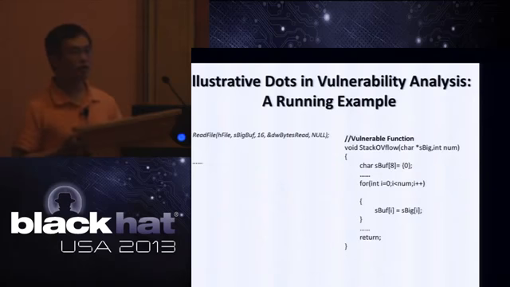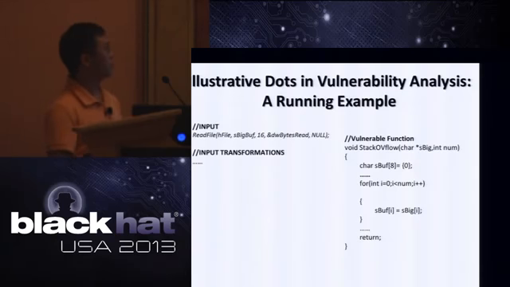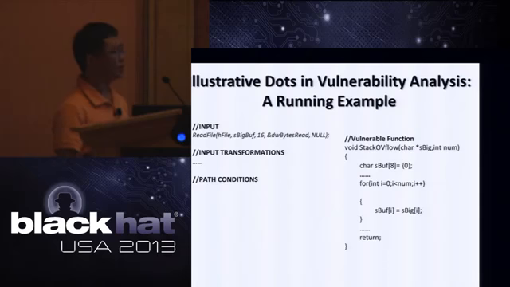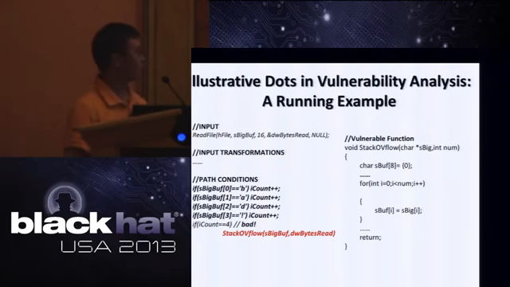Let me introduce a running example, a very simple example, just to help you understand the concept of our approaches. This example starts with input from a file, and you might go through some input transformation. When certain path conditions are met, it might trigger a vulnerable function.